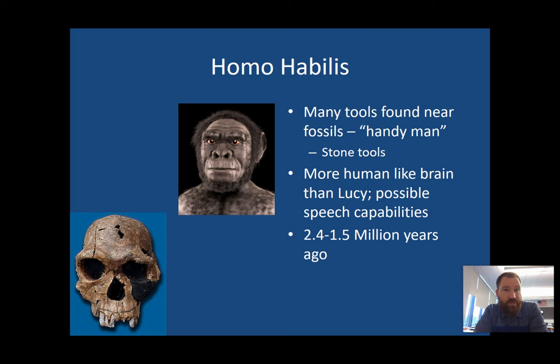Do they belong to the ape genus or the human genus? There was a huge debate over where to put Homo habilis, this new species that was found by Mary Leakey.